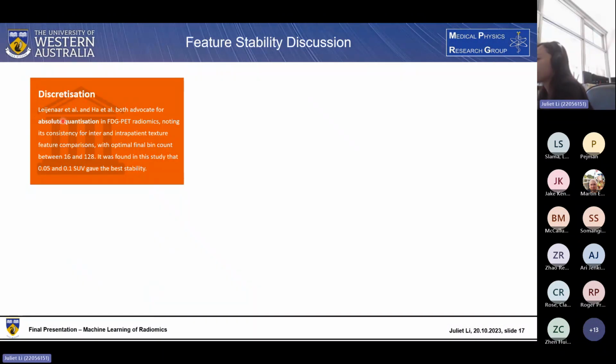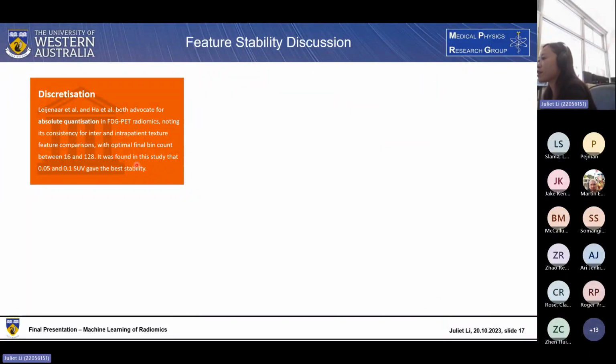This person, not trying to pronounce his name, and Ha both advocated for absolute quantization of PET radiomics, due to the different ranges of PET grayscale levels across different patients, and it's better to standardize the grayscale discretization with the fixed bin width method.